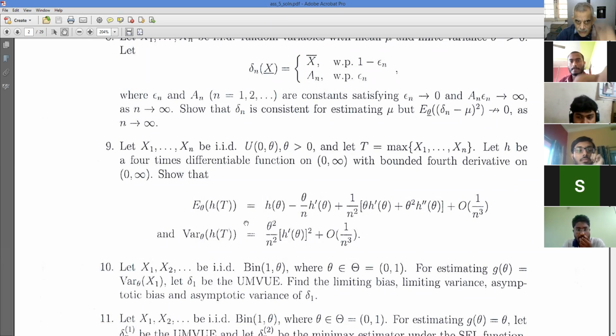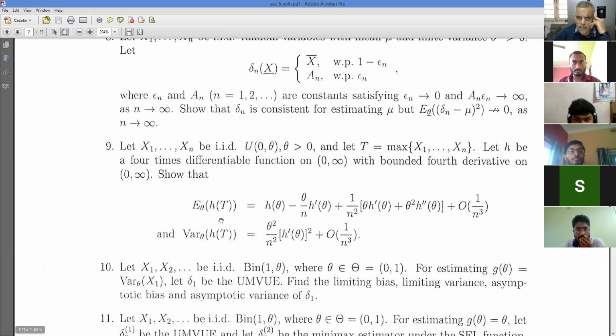Yes, sir. Now note that here you cannot use the formula which we did in the class because that was based on h of x bar. Is that okay? So here you have to make it just based on h of t, which is maximum of x1, x2, up to xn.